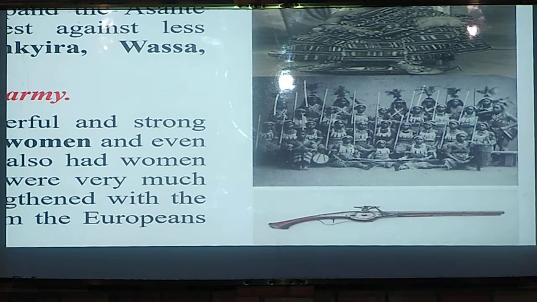The women soldiers were very, very much feared. The image you see there shows some of the guns that were introduced by the British, and therefore the Asantes with these guns were able to conquer more states, and so their kingdom quickly rose.